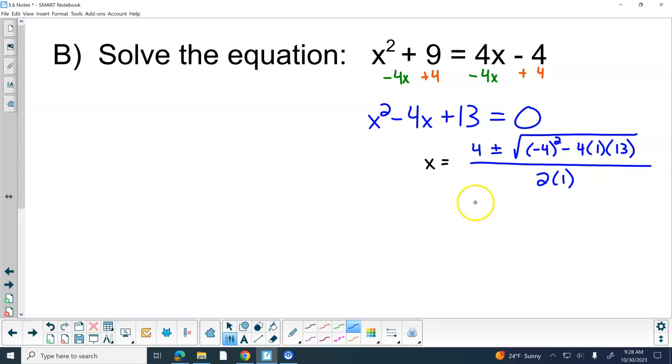So 4 plus minus square root of negative 4 squared, 16. Okay. 4 times 1, 4 times 13. 60. Nope. Nope. You're right. 52. 52, yep.